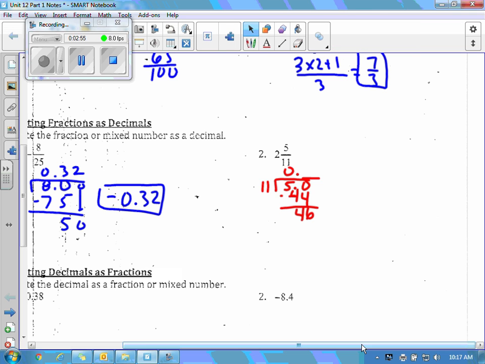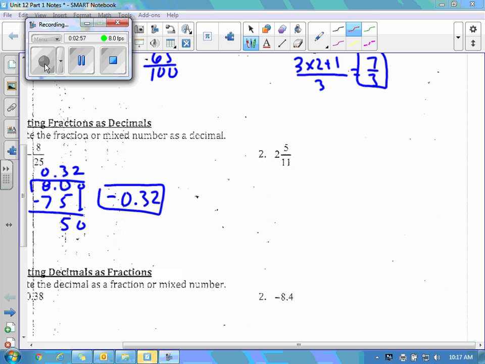I'm going to start over because I made a total mess of that. So 11 into 5 goes in 0 times. 11 goes into 50 4 times. 4 times 11 is 44. There we go. 50 minus 44 is 6.